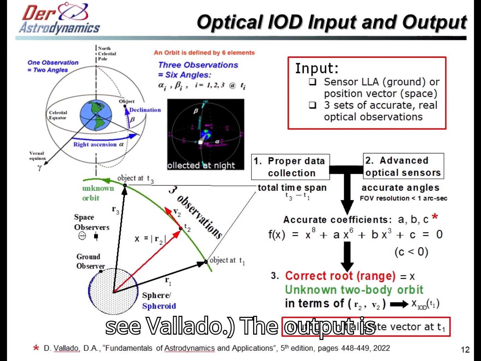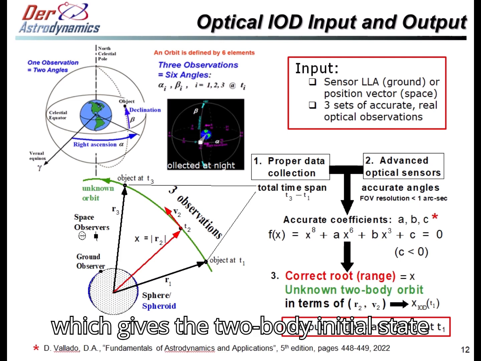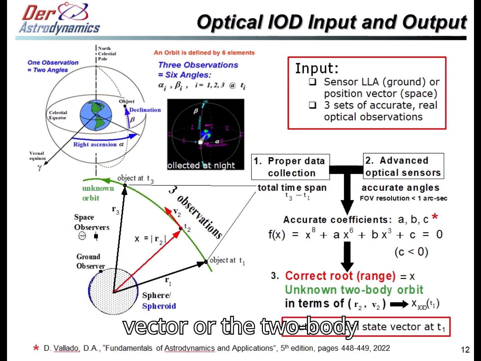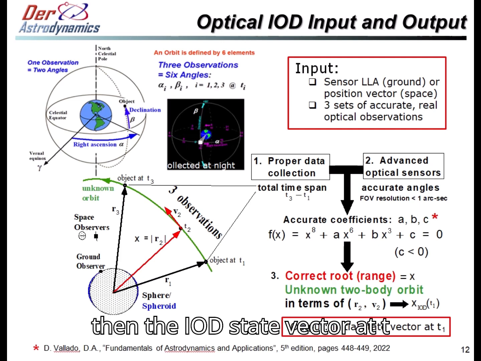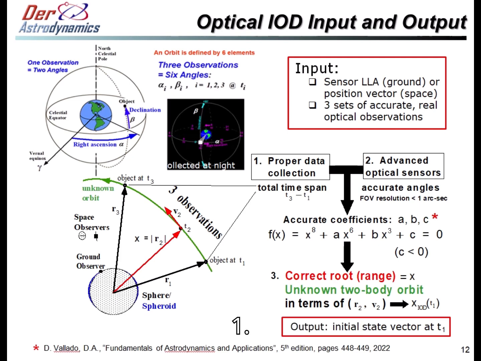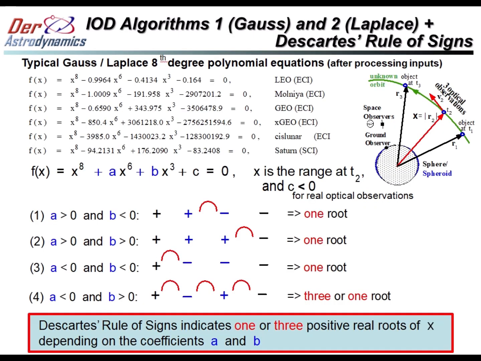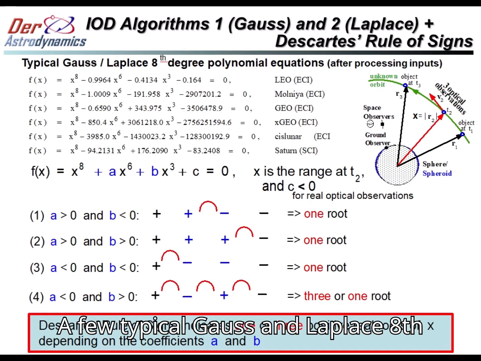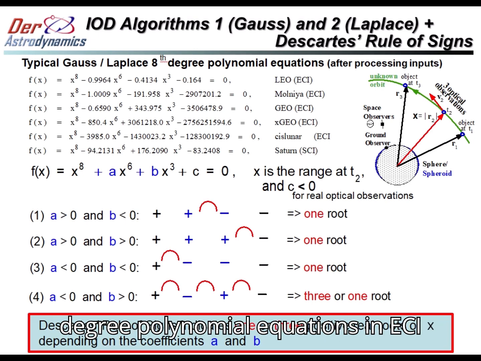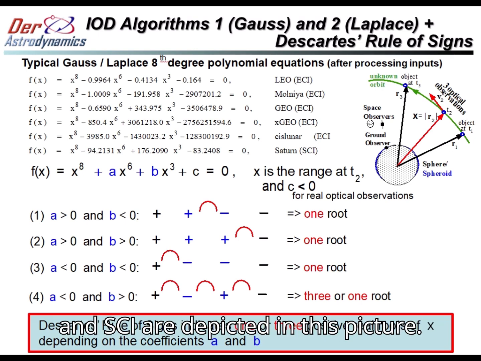The output is the correct root or range from the Earth's center, x, which gives the two-body initial state vector or the two-body orbit at T2, and then the IOD state vector at T1. A few typical Gauss and Laplace 8th degree polynomial equations in ECI and SCI are depicted in this picture.